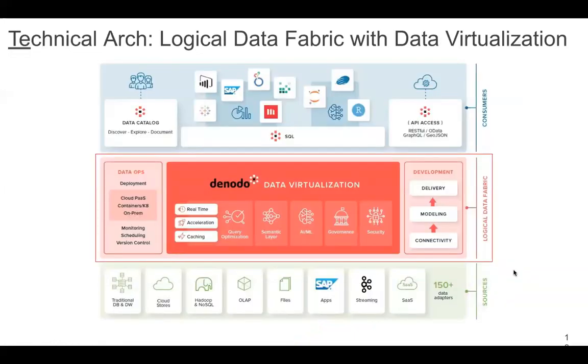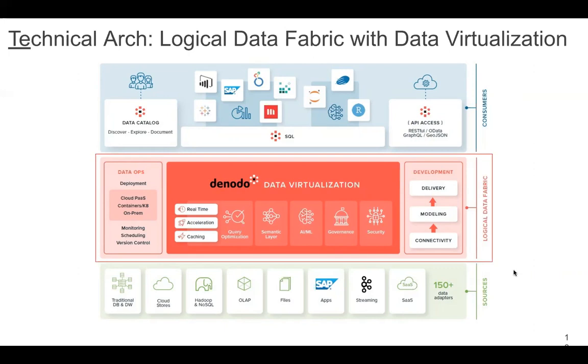So let's look at the logical data fabric layer in a little more detail, to understand the secret sauce that makes logical data fabric much more effective in helping organizations conduct more advanced analytics.